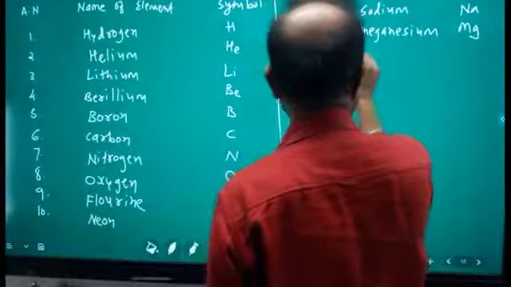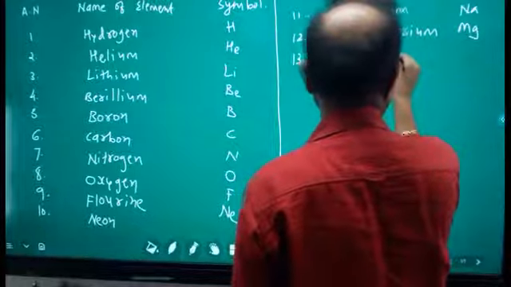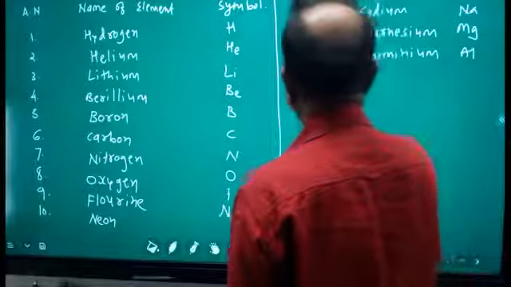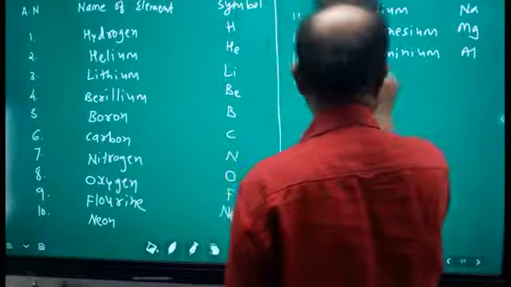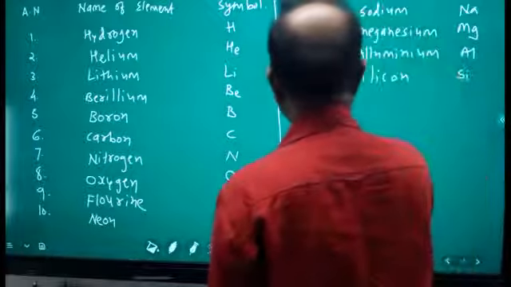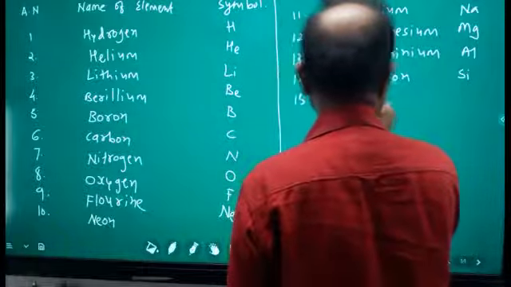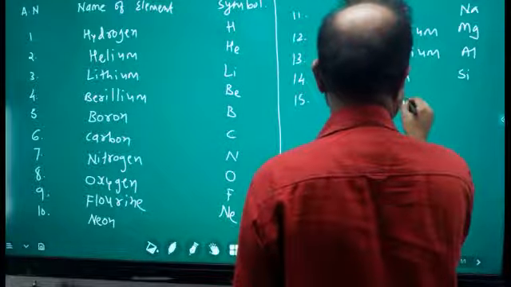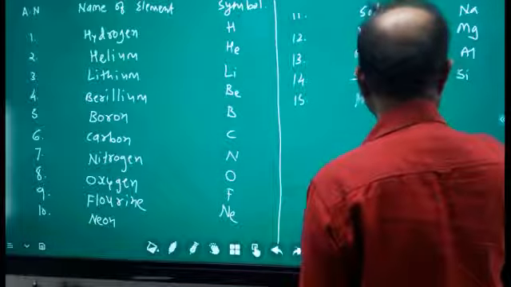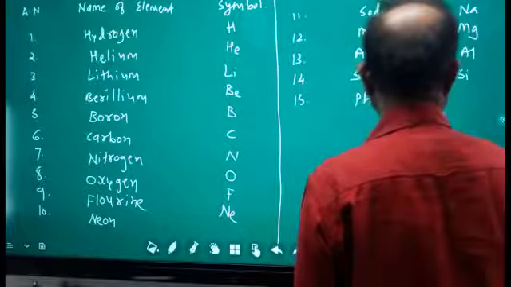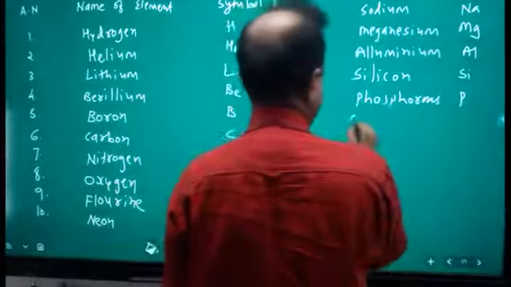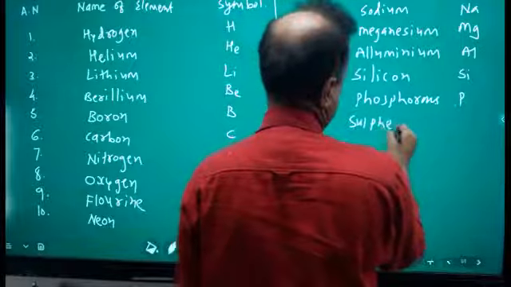Atomic number 13, aluminium, symbol Al. Atomic number 14, silicon, Si. Atomic number 15, phosphorus, capital P. Sulfur, S.